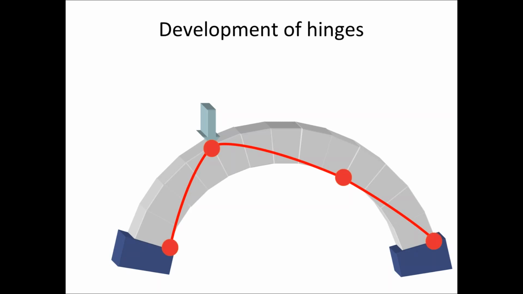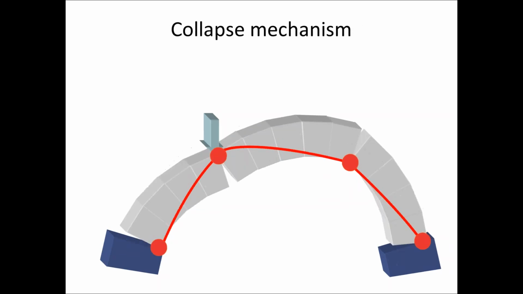So if we then apply any more load, we will get collapse. So we have a state where we can just fit a line of thrust within the masonry, and that will also correspond to the point at which we just get a failure mechanism or collapse mechanism.